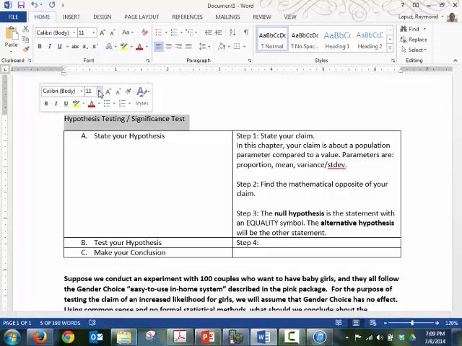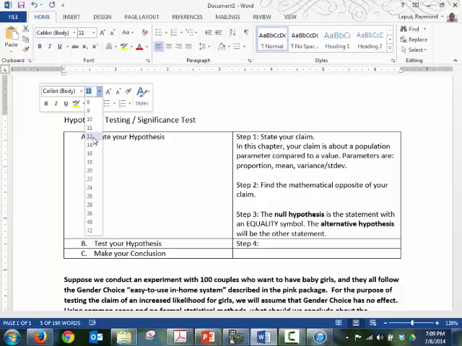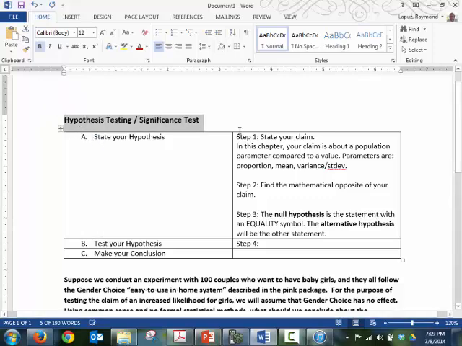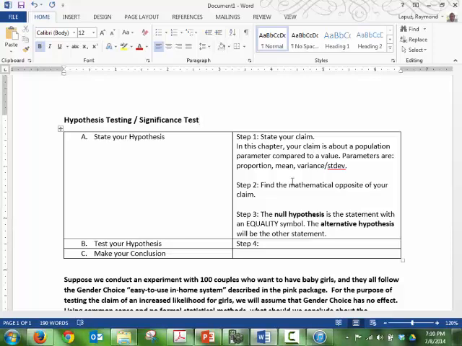The idea behind calling it a significance test is you want to identify how significant it is. So you need to find some sort of marker to identify what you mean by significant. Do you want it to be really precise?